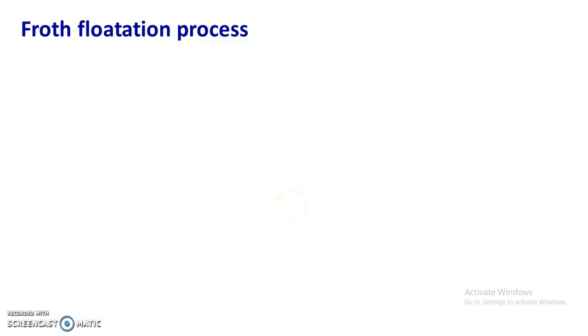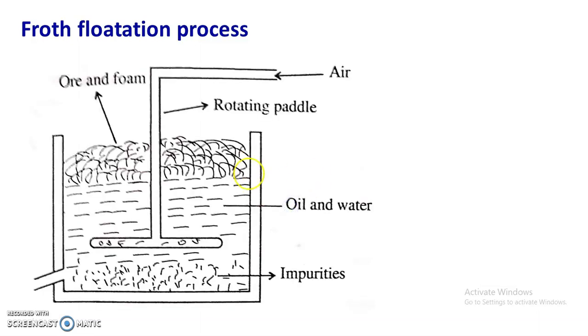In this froth flotation process, there is one tank. In this tank, air is passed through one pipe. There is water containing oil, and when air, water and oil are thoroughly mixed, there is a formation of foam or froth.